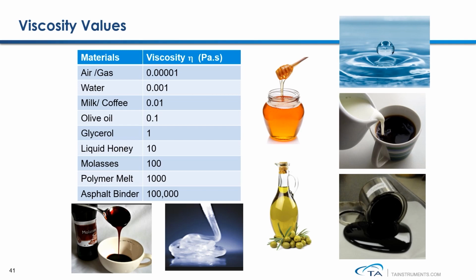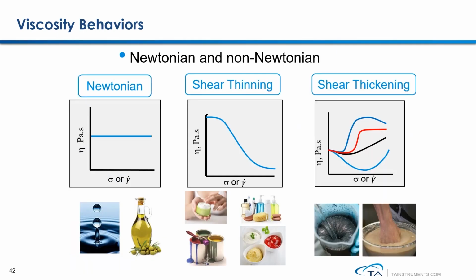So, selecting the appropriate test procedure, test geometry, and parameters is extremely important in order to get the correct measurements for different samples' viscosity. All liquids that flow can have their viscosity behaviors categorized into two categories. They can be either Newtonian or non-Newtonian.